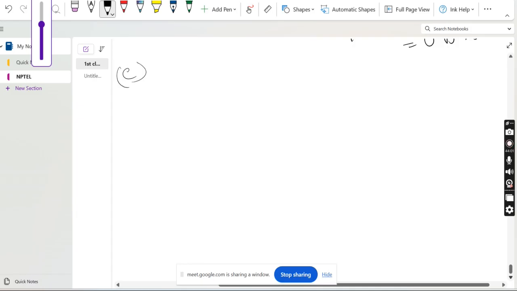In the C part, how much time is needed for them to complete one cycle? Basically, they are asking what is the time period.